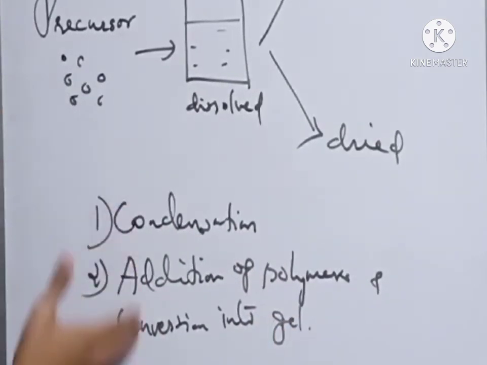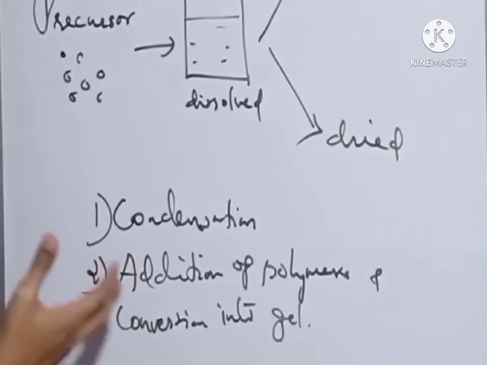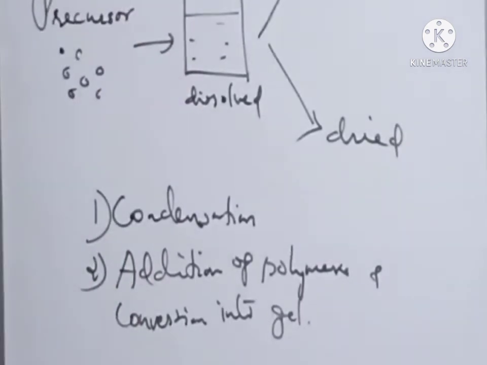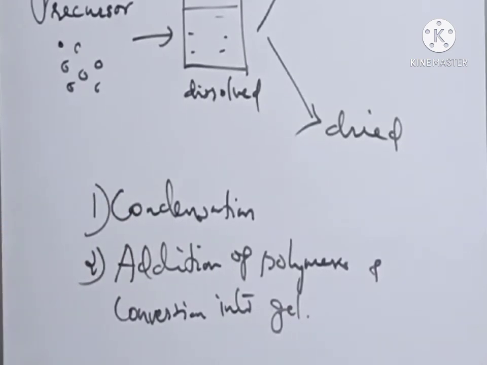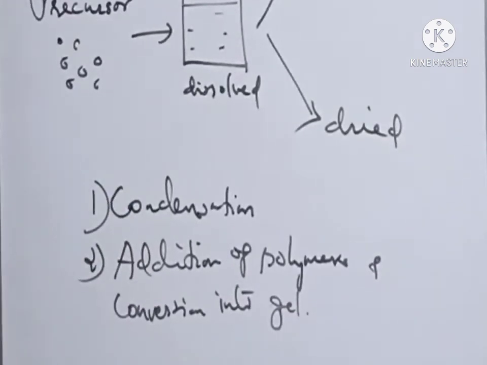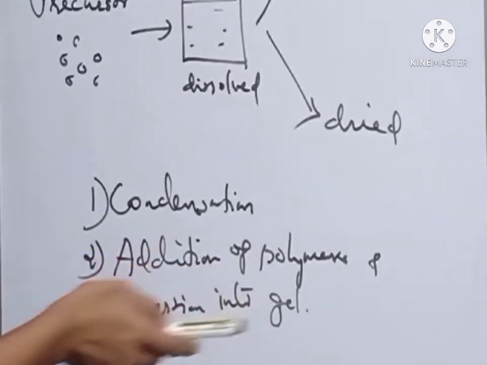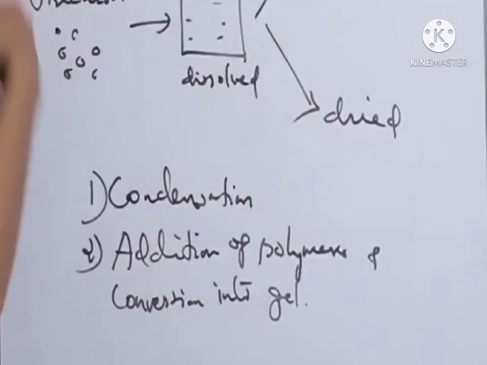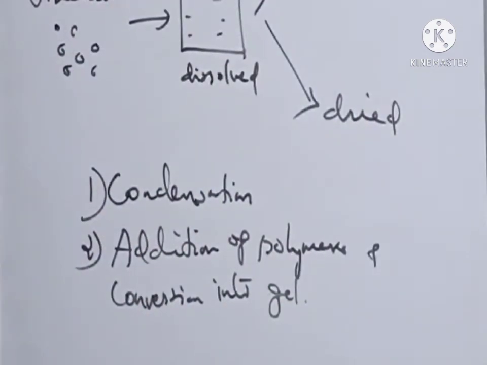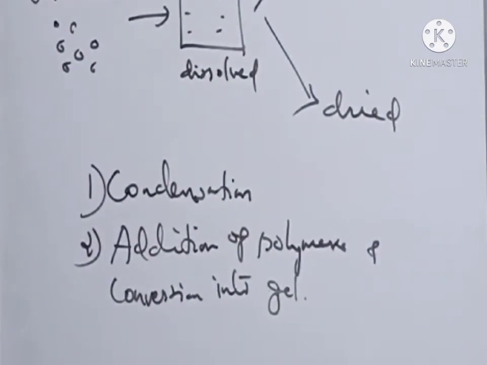These are the two processes usually occurring during gelation or the sol gel synthesis process. The condensation usually occurs in the sedimentation and centrifugation methods, and in the other method, addition of polymers and conversion into gel is what happens. So this is all about sol gel synthesis.